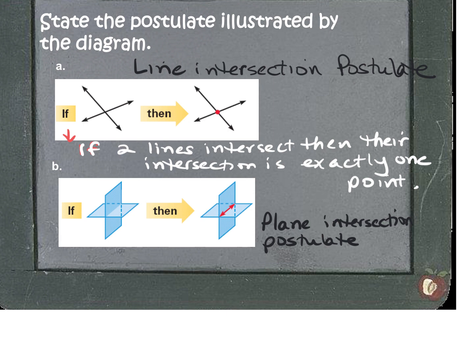And again, if you translate it, if two planes intersect, then their intersection is a line.